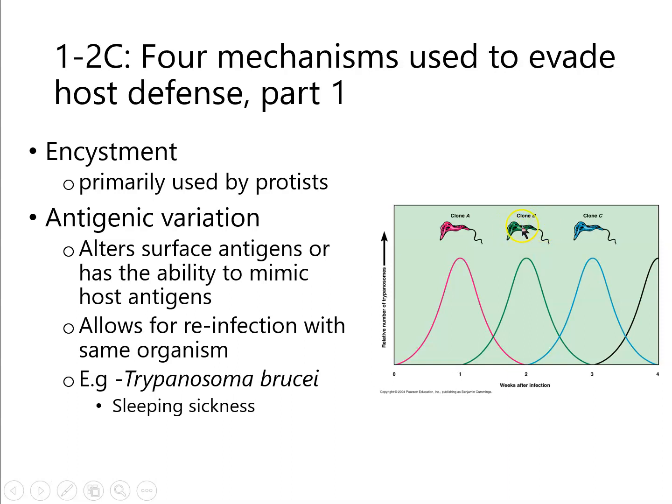And so this sleeping sickness will go through cycles of fever and chills each time a new variant shows up with different antigens on its surface. And Plasmodium, which causes malaria, is also an expert at this, and that also causes a cycle of fever.